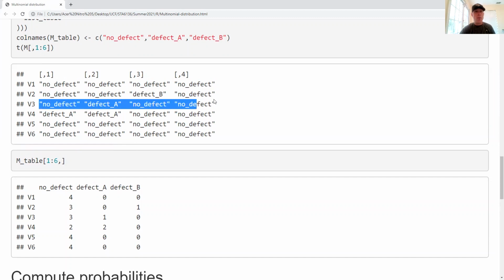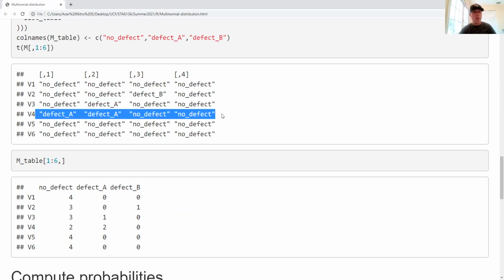Now, the third box I looked at, there was no defect. The second item I looked at had defect A, then the other two did not have a defect. And then the fourth box I looked at, I had defect A in the first one I checked. The second one I checked had defect A, and then there were no more defects. And then so on and so forth.